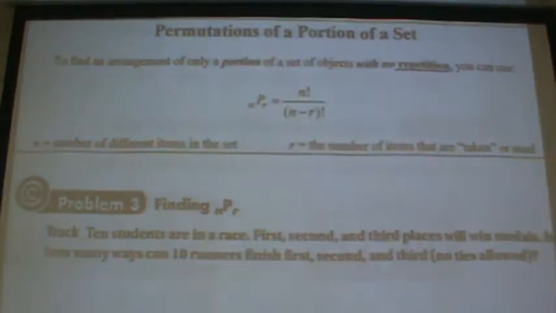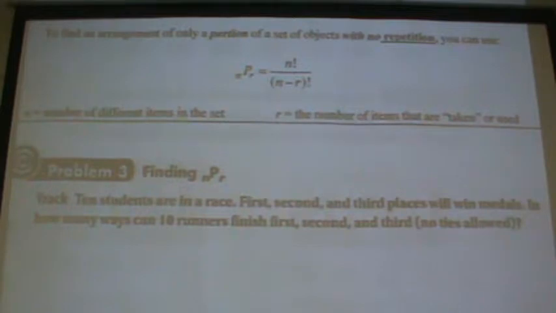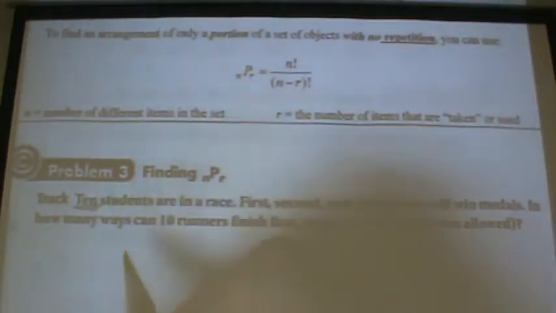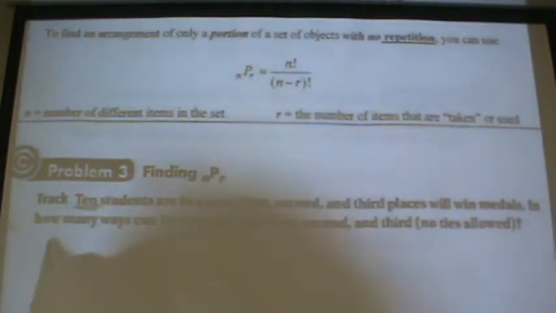So for a solid example, we'll look at problem 3. It says that 10 students are in a race. First, second, and third places will win medals. In how many ways can 10 runners finish first, second, and third with no ties allowed? So what this is saying is you have 10 students, which is your set, so your n equals 10.